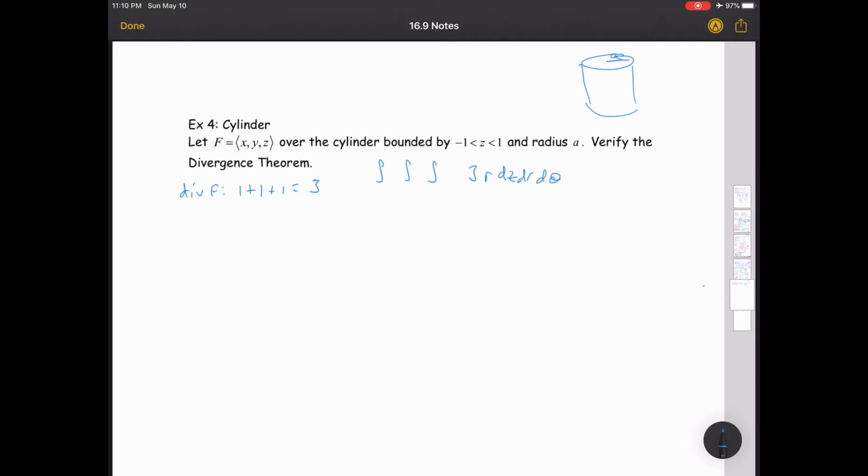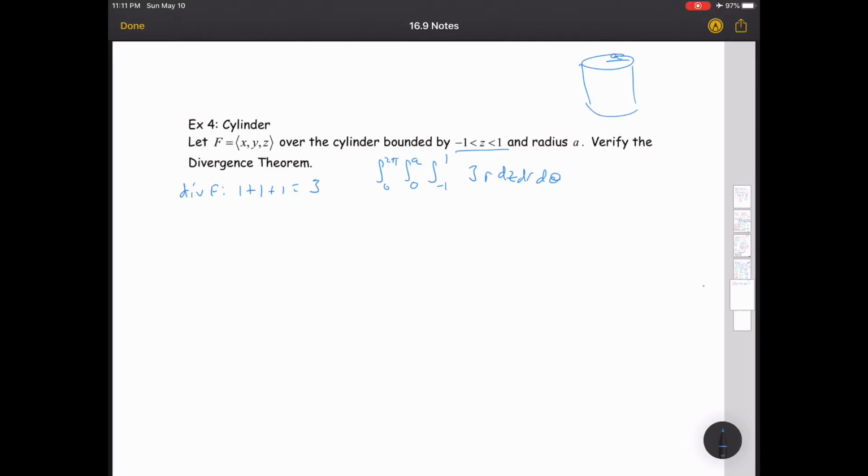I don't think it's going to matter which order we do this in. Let's just do the z part first, since that's the order I wrote it in. So -1 to 1 is z. That's defined right there. R is going to go from 0 to a. And then theta, of course, goes all the way around the circle, so that's 0 to 2 pi.